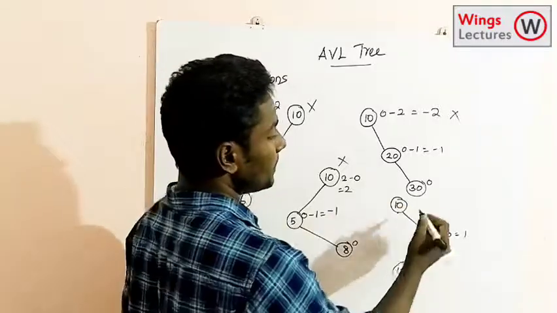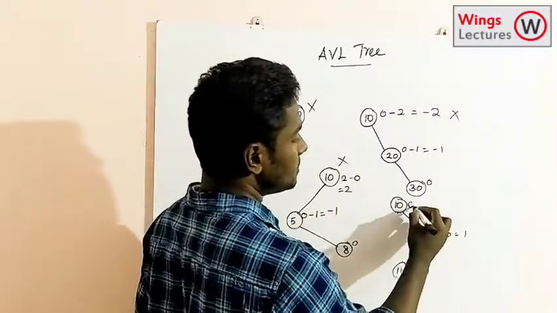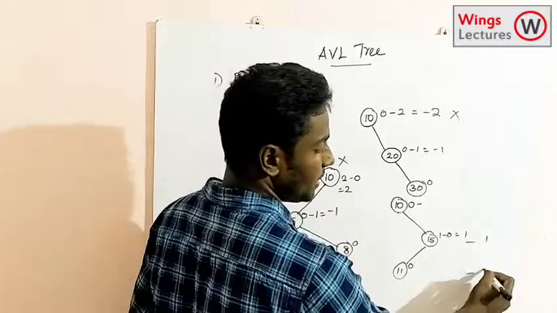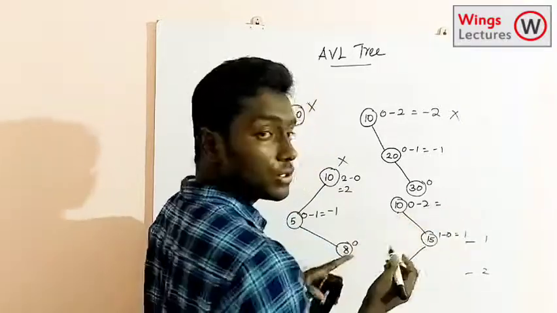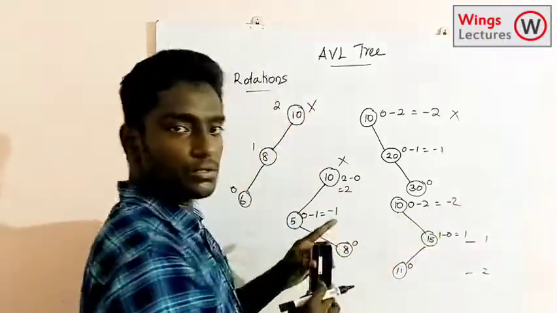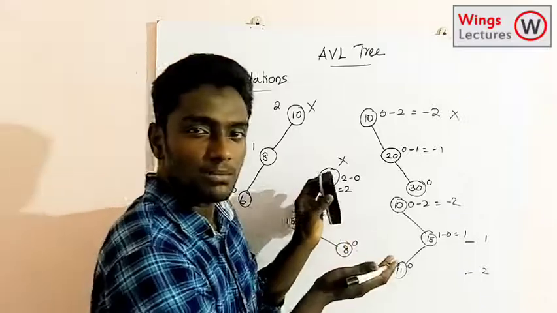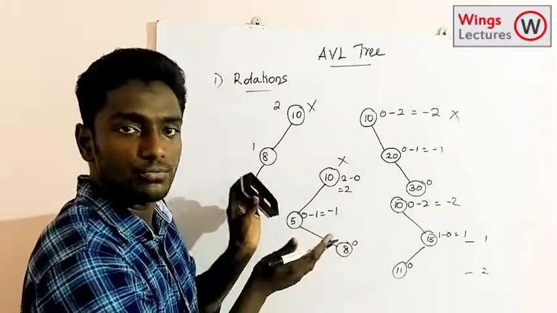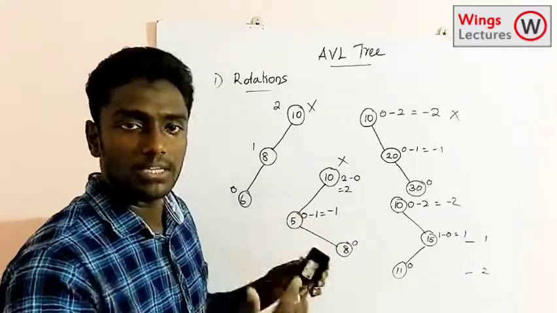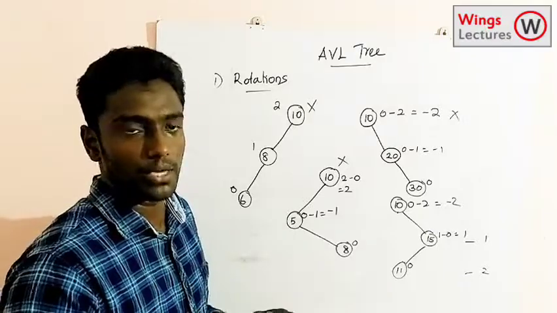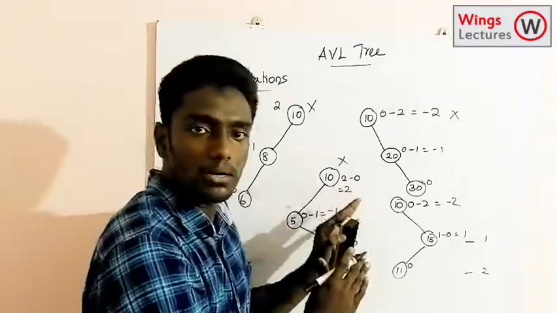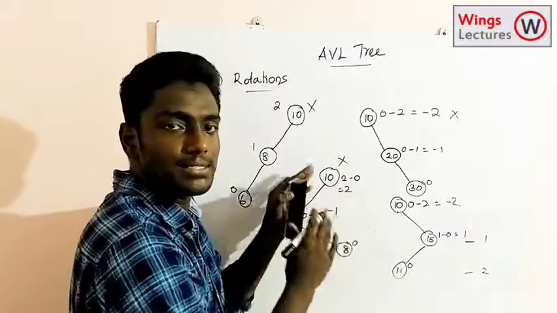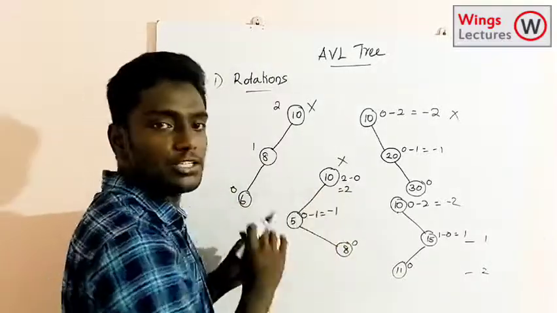Now the balance factor of 10 will be 0 minus 1 and 2, so it will be minus 2. So these are the maximum 4 situations we are going to face when dealing with AVL tree insertion.